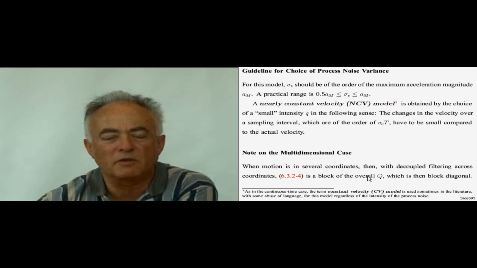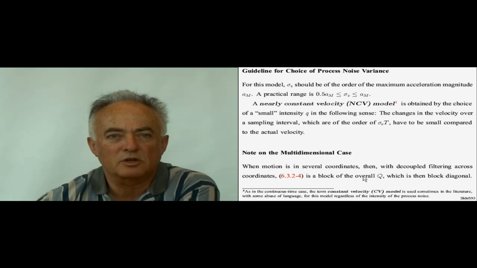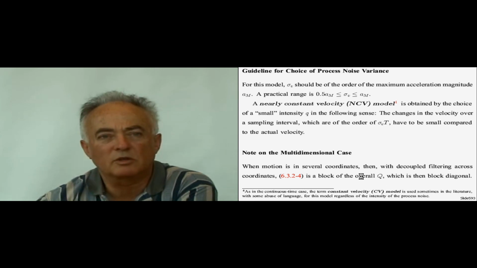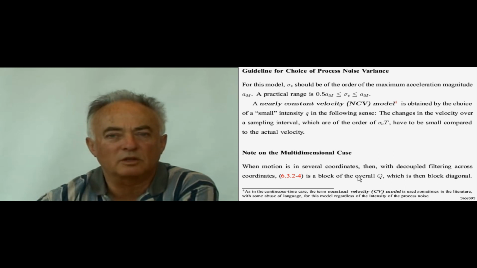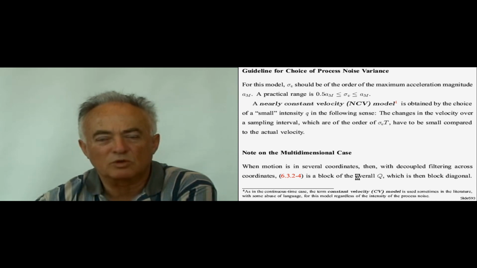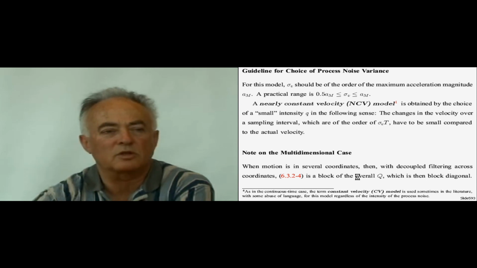Again, this is a simplification, but for linear models, it is hard to come up with a coupling across coordinates because sometimes it can be positive correlation, sometimes negative correlation. So the typical way such filters are designed is assuming uncorrelatedness among the process noise components in different coordinates.